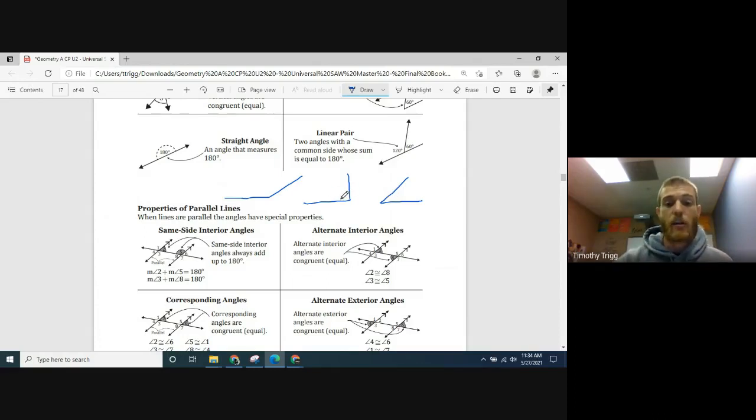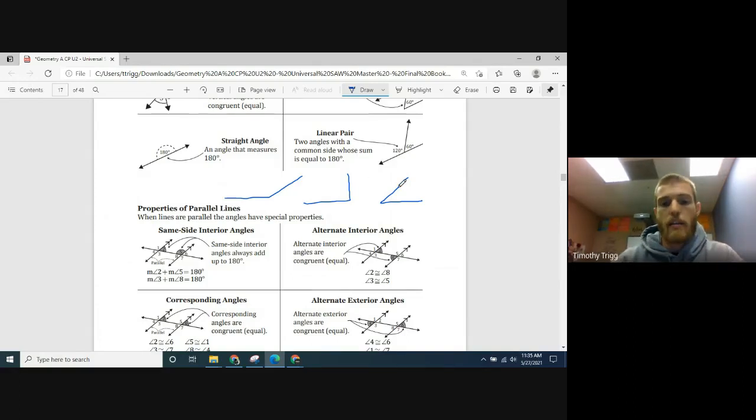Whereas this second angle is open more, so it would have a greater measure in terms of degrees. So this one might be 25 degrees. This one I try to draw 90 degrees. And then this one is open even more than 90, so it would have a measure greater than 90, perhaps 130 or something like that.